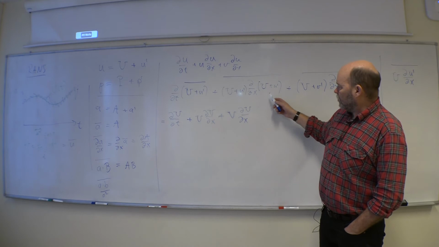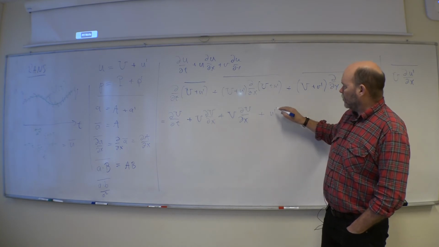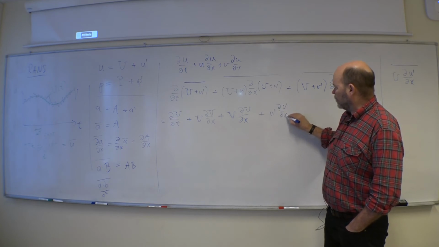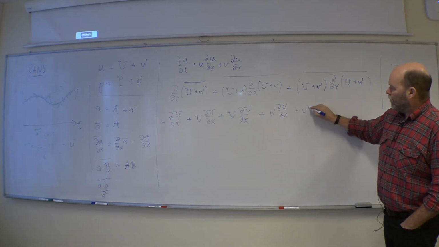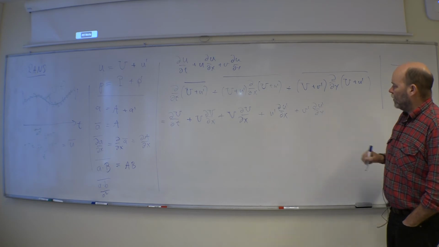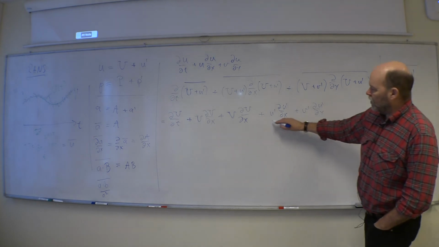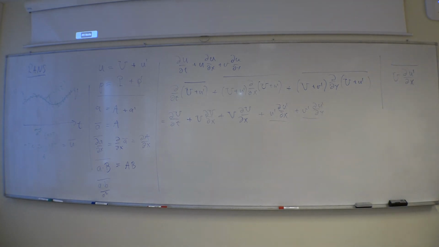So what's going to survive here is when you have only the fluctuating parts. So this one is going to survive, and the same for the last one, v fluct d u fluct dy. They are going to survive. So this is what you get in addition inside the Navier-Stokes.